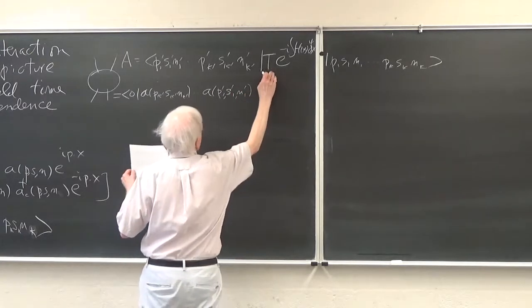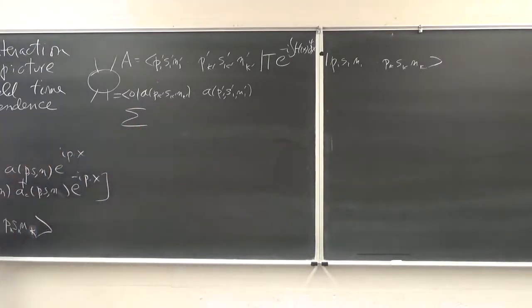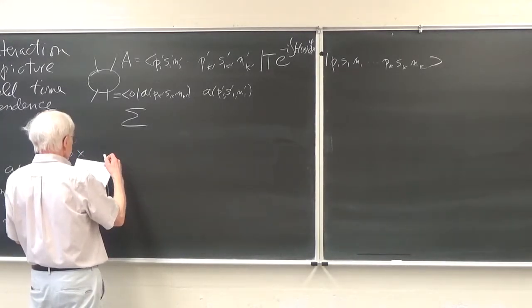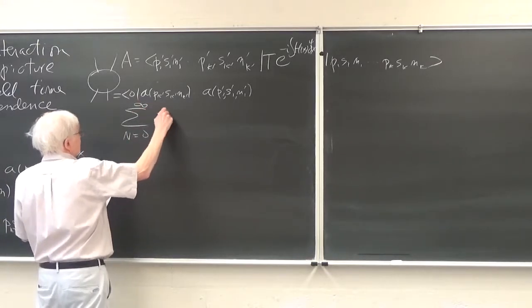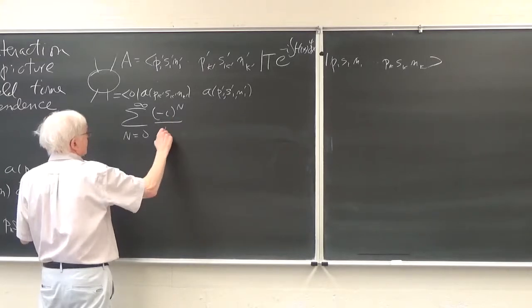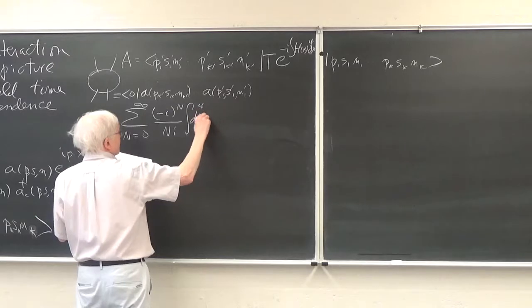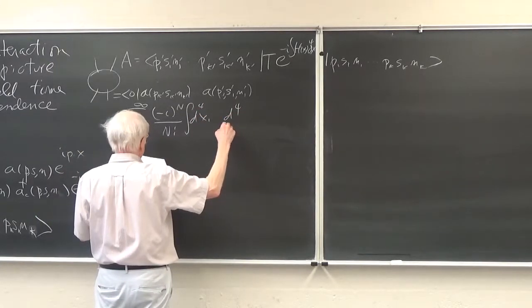And then this time-ordered product is going to be a sum. You expand the exponential, and so it's a sum, capital N equals 0 to infinity, minus i to the capital N over N factorial, integral d fourth x1 through d fourth xN.